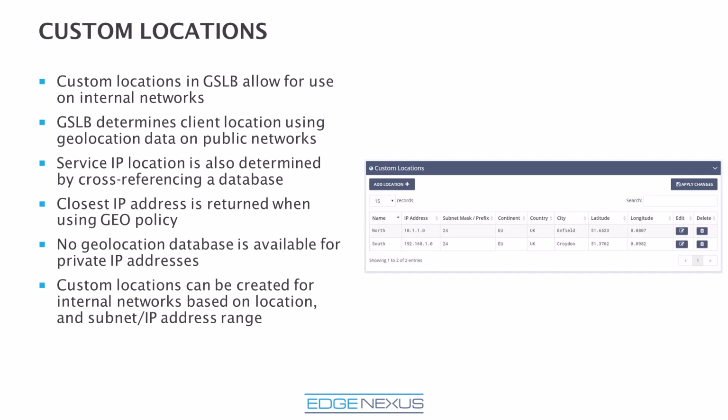This can be done by creating custom locations based on the subnet or IP address range associated with each location. By using custom locations, GSLB can effectively route traffic on internal networks, ensuring that clients are connected to the closest server or data center and reducing latency and other performance issues.